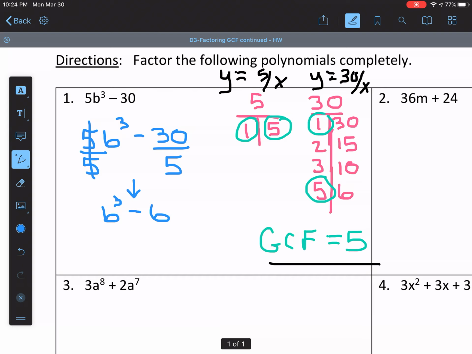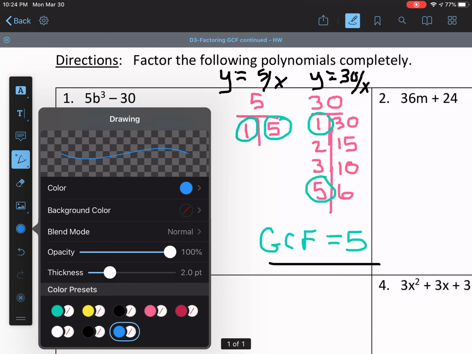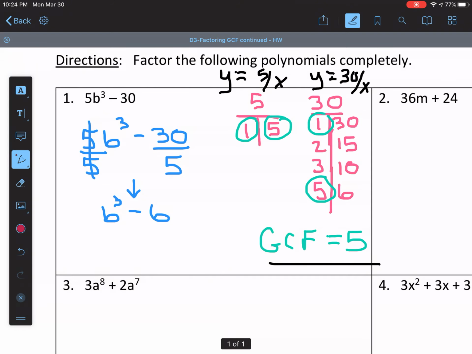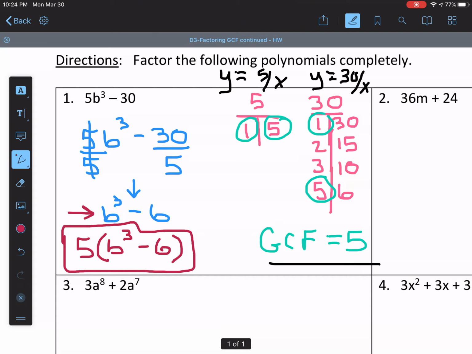So now to write our final answer, we just write down the GCF, which is 5, and then in parentheses you put what you got when you divided. So in this case, b cubed minus 6. Okay? All right. That's number 1.